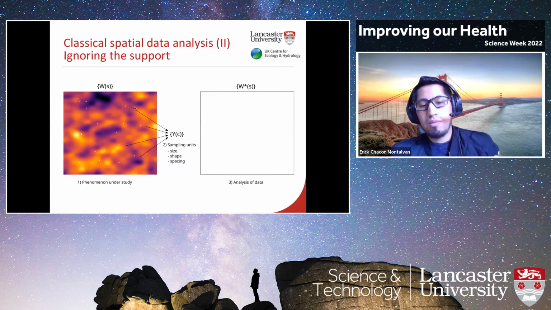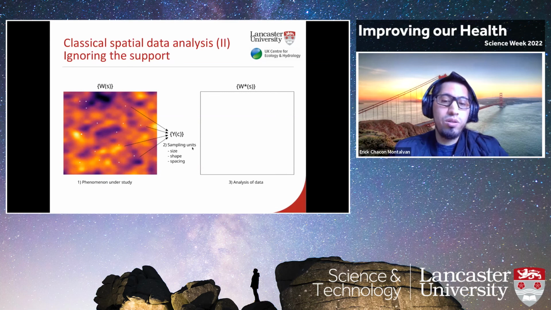The problem with this approach is that you neglect the support, so you neglect the sampling unit and its properties such as the size, shape, and spacing. However, at least with this approach, you can perform some continuous inference about this phenomenon under study in any place that you decide, here for example. Of course, the interpretation and predictions are going to be limited.